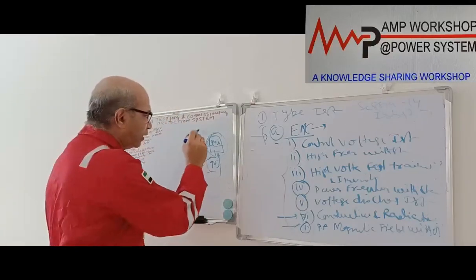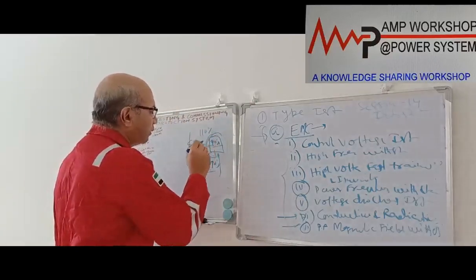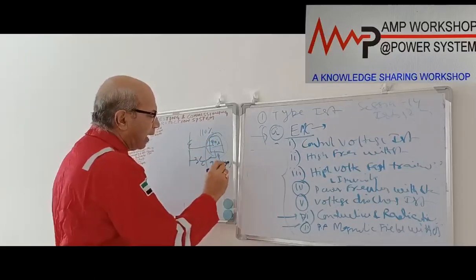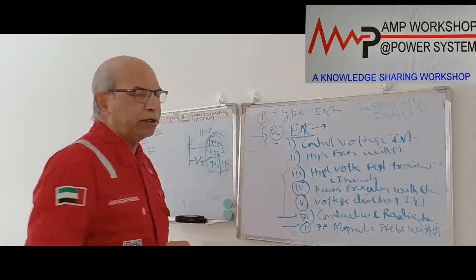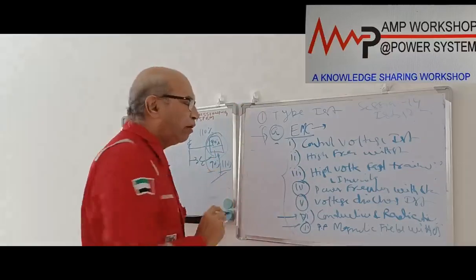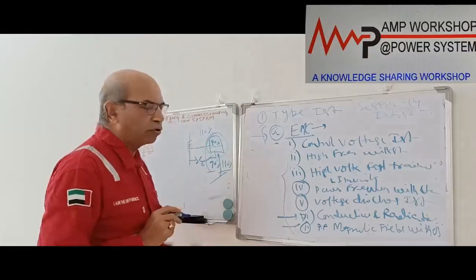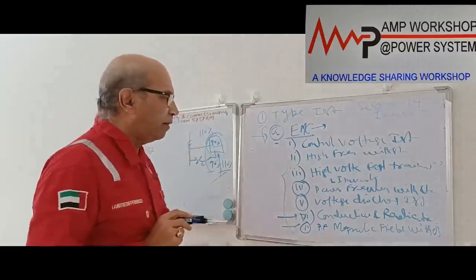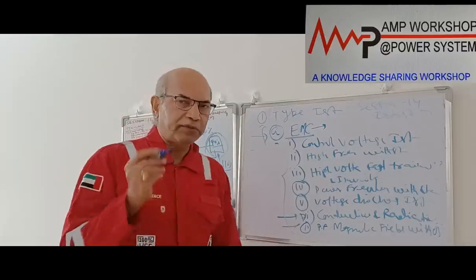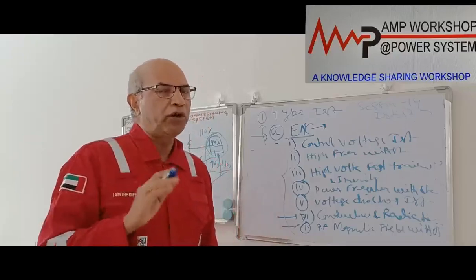And when this is 100%, we put 110% of both these values, and at that time under any of these conditions the relay should operate. The relay operation should not stop because this is above the setting value, so the relay should operate. If any disturbance comes on the relay, the operation will not be stopped.